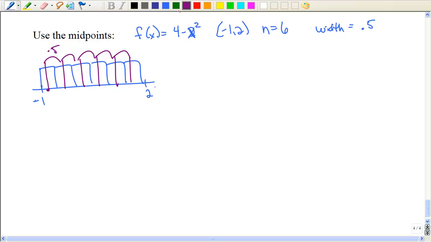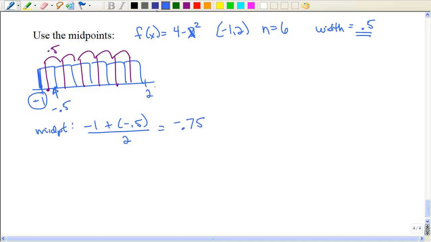Well, there's a couple of different ways to do that. I just look at say, okay, the first point was -1, and if I take the width at 0.5, the next point would be at -0.5, which we've used. So the midpoint would be -1 plus -0.5, and divide that by 2, or you should just know the middle between that, which would be -0.75.